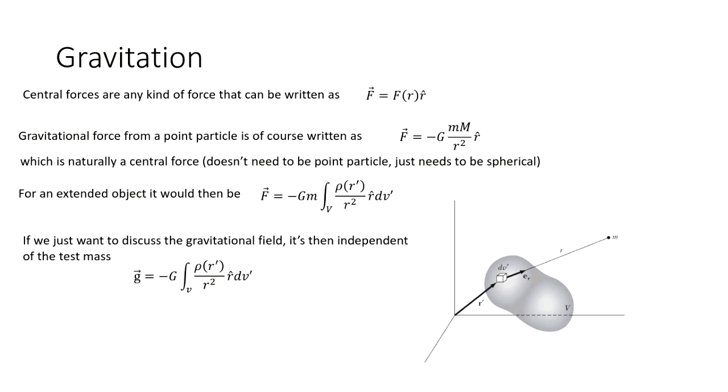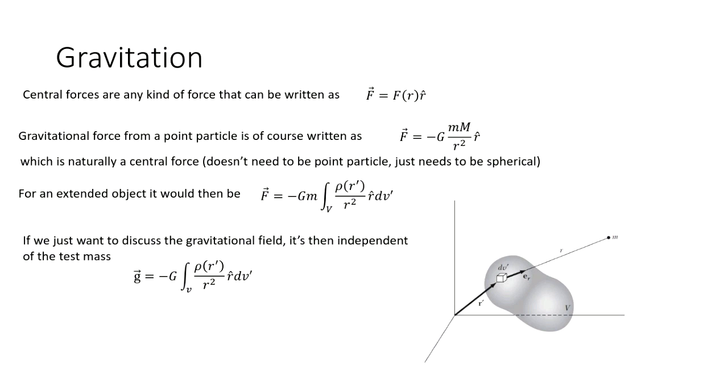Gravity falls under that category. As you know from high school, this force vector is negative G m M over r squared, r hat. The magnitude goes as 1 over r squared, and the direction is in the r hat direction, so that satisfies this central force criterion.